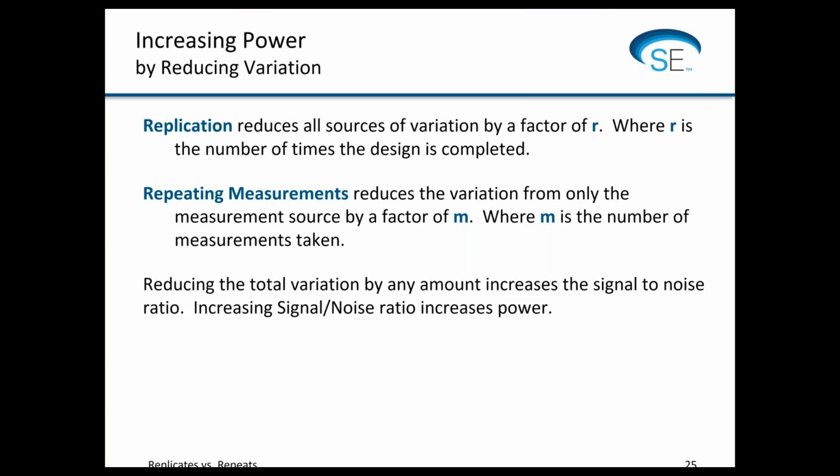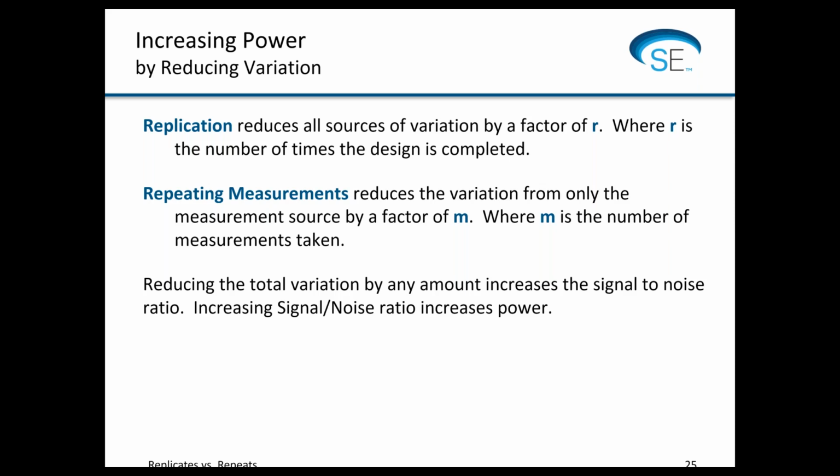So replication reduces all the sources of variation by a factor of R, where R is the number of times the design's replicated. So when you replicate a run, you're reducing the variation due to the experimental factors varying around their set points, and you're reducing the variation of the measurement because you're measuring each run separately, so you're measuring the same conditions twice.